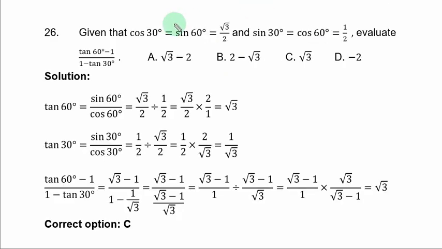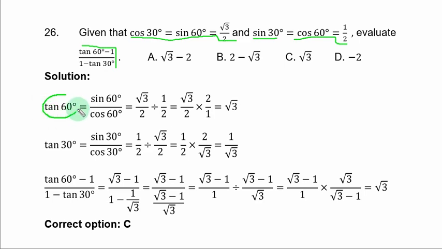Question 26. Given that cos 30 degrees is equal to sin 60 degrees equal to root 3 over 2, and sin 30 degrees equal to cos 60 degrees equal to 1 over 2, evaluate tan 60 degrees minus 1 over 1 minus tan 30 degrees.